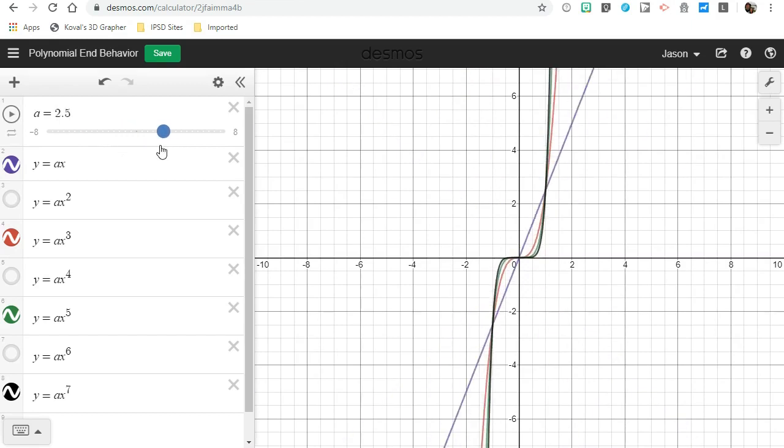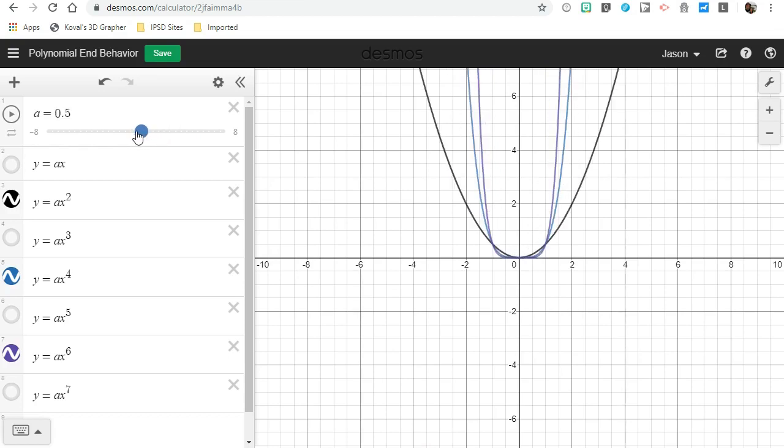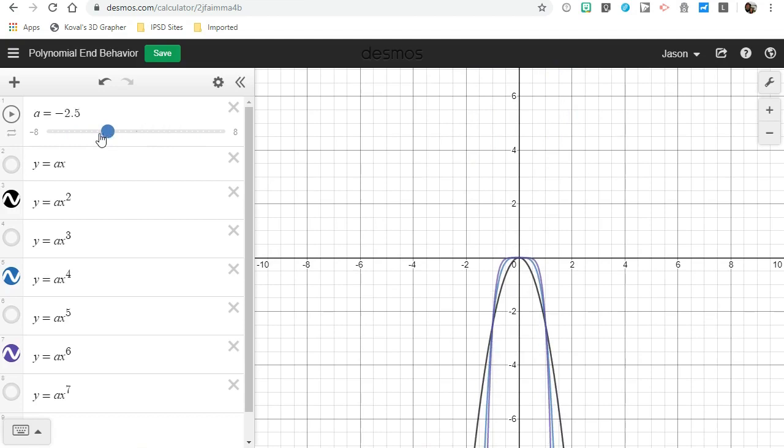So this is something that is true about all odd powered, like when the biggest degree is odd. Now, if the biggest degree is even, they're both going in the same direction. So as x approaches negative infinity or infinity, the y values both go in the same direction. And that's true whether our leading coefficient is positive or negative.